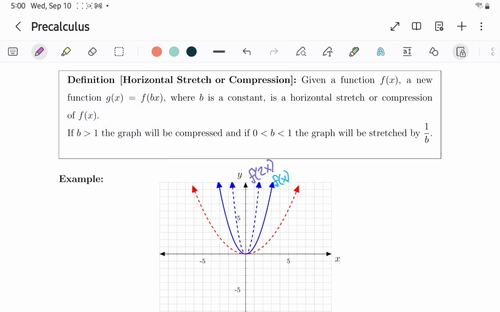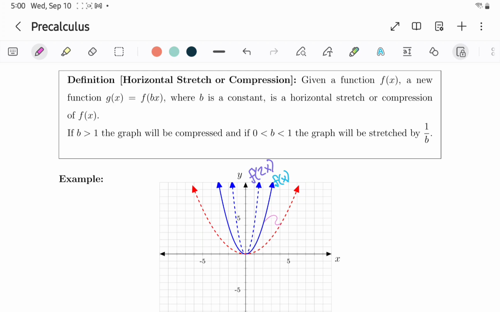And then the graph in the dashed red, well, that is going to be our horizontal stretch. And so here, b is going to be strictly between 0 and 1. Again, since the graph in dashed red is just the graph of f stretched out. And so we can actually see what the stretch factor should be here.